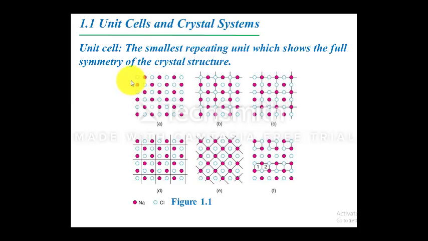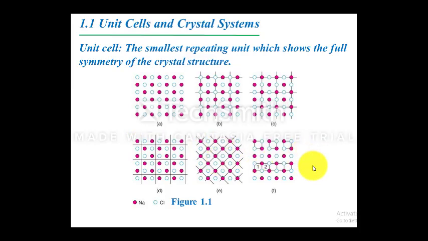So here is a repetition of sodium and chloride ions. In figure B, some lines have been drawn to differentiate between different arrangements. Similarly, in figure C, there are some lines. In figure D, the atoms have been arranged among cubes. And similarly in figures E and F there are some arrangements.